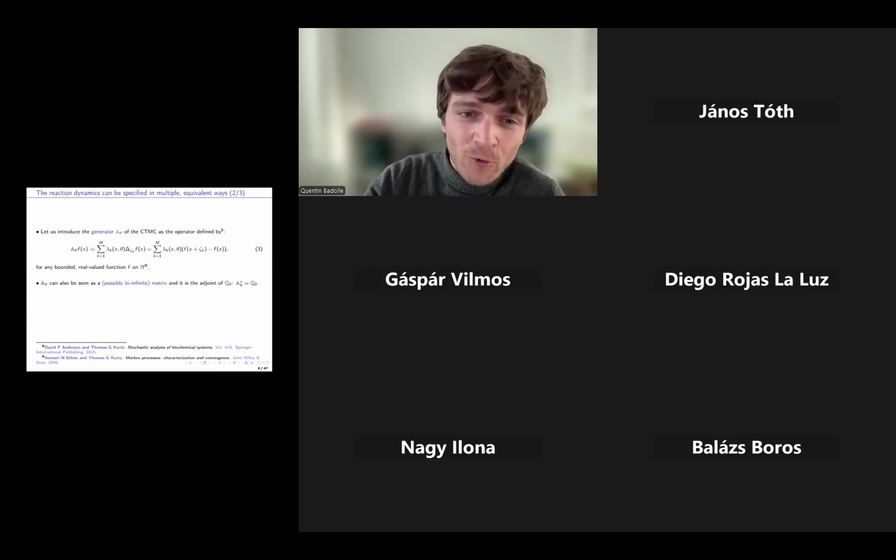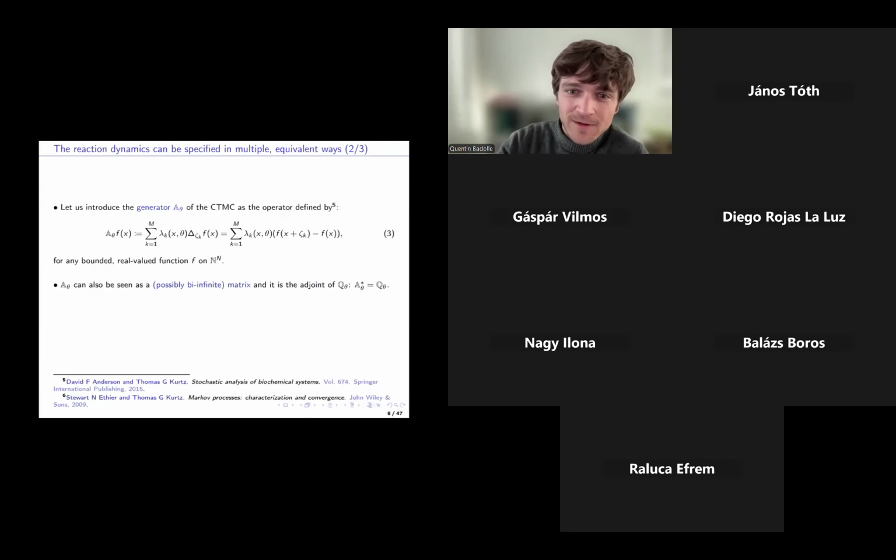Now, A theta can also be seen as a possibly infinite matrix, and it's the adjoint of Q. It is used to express the Kolmogorov equations, forward and backward, and the martingale problem for the process X theta.